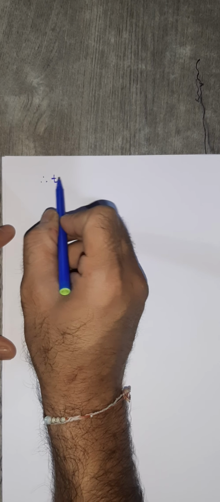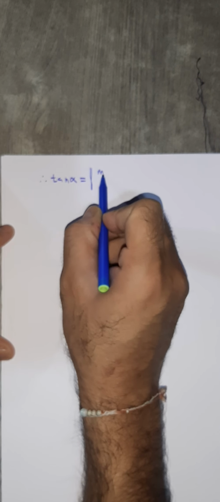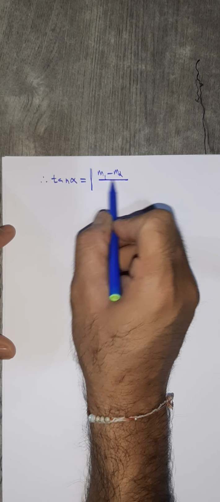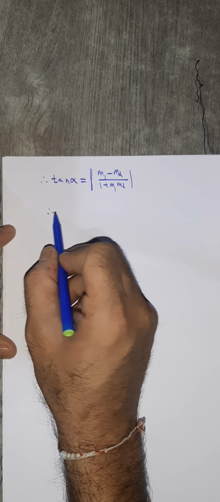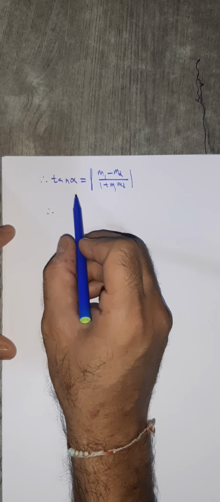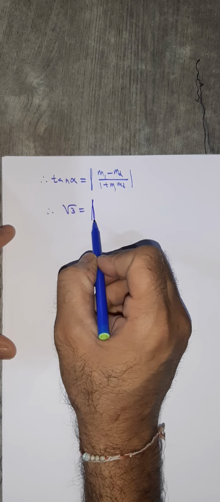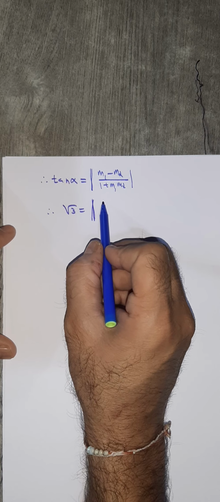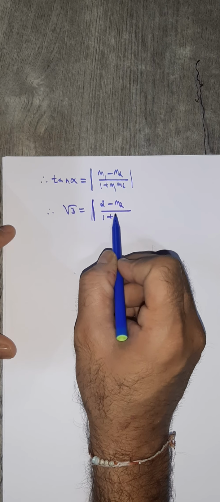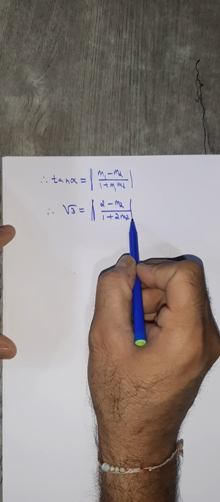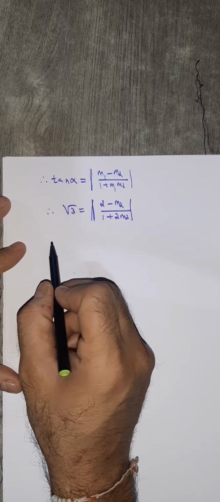Tan alpha, or tan theta, whichever you write, equals m1 minus m2 upon 1 plus m1 m2. Alpha is 60 degrees, so this will be root 3. What is m1 here? m1 is 2, m2 I want to get, so this is 1 plus 2 m2. Now drop the modulus, so we'll have two possibilities, plus or minus.